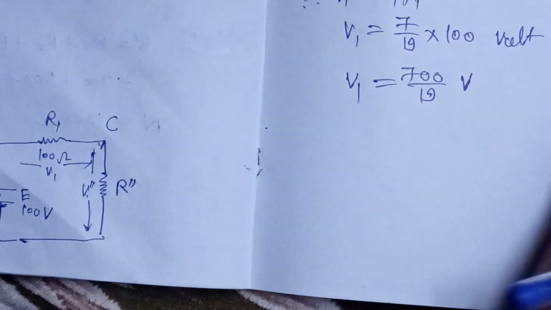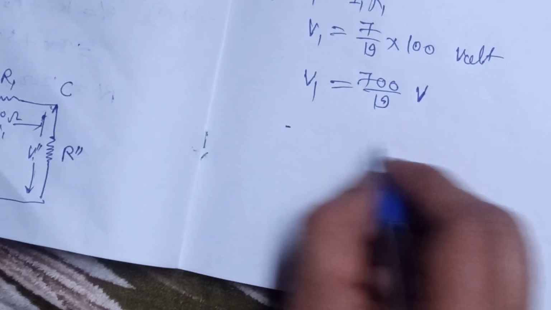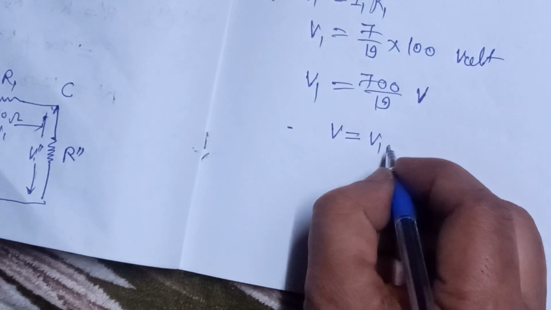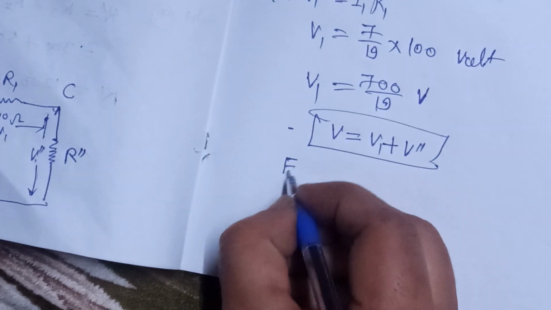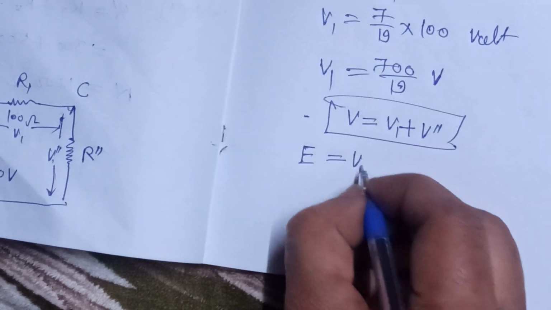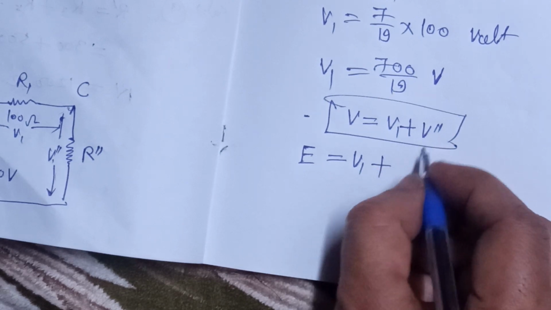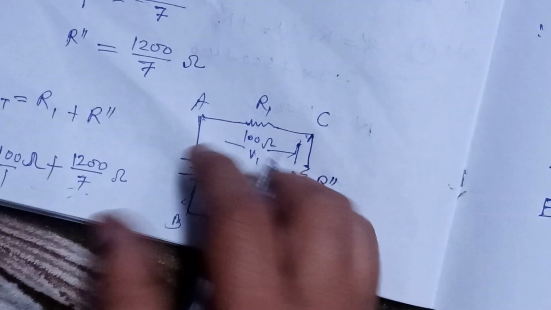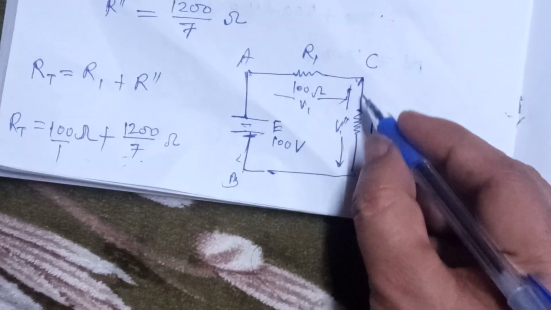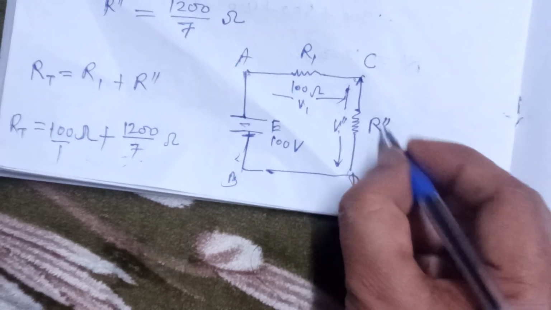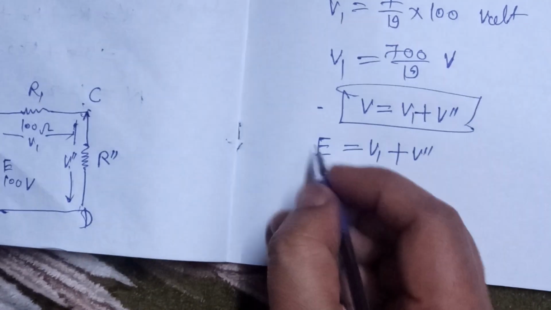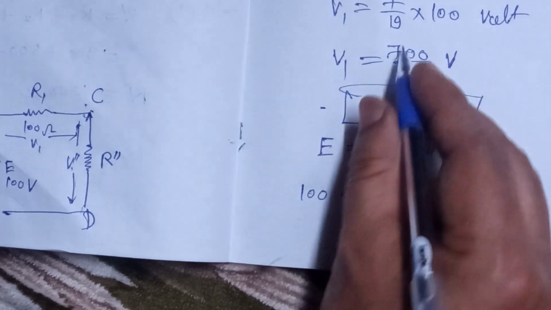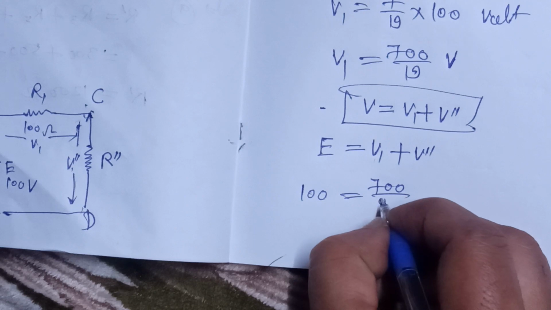Because these are in series, we can write E as V is equal to V1 plus V double dash, where V is the electromotive force E. V double dash stands for the potential difference between C and D, across the terminals of R double dash. So this value is 100, and V1 is 700 upon 19.